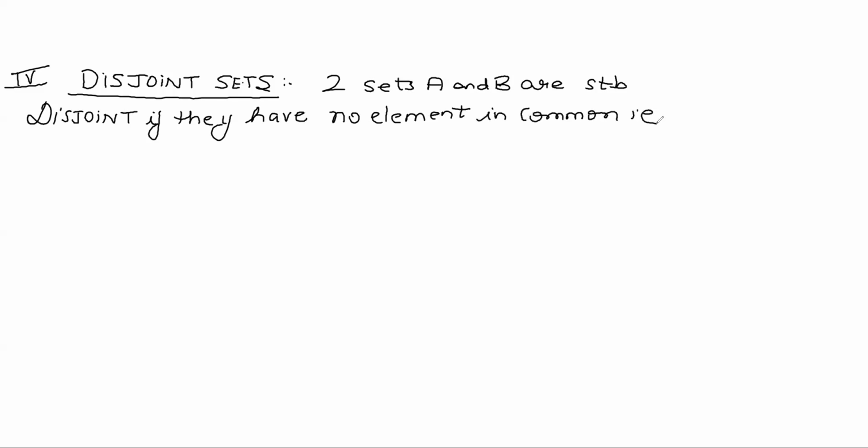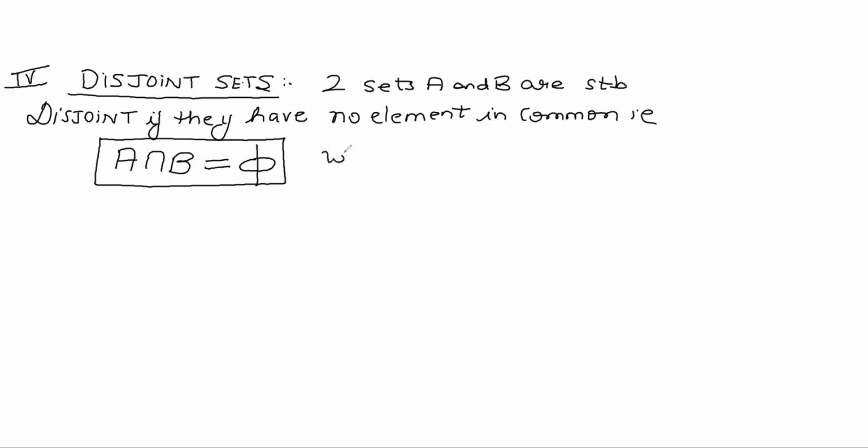That is, A intersection B is equal to phi, where phi is the null or the empty set.